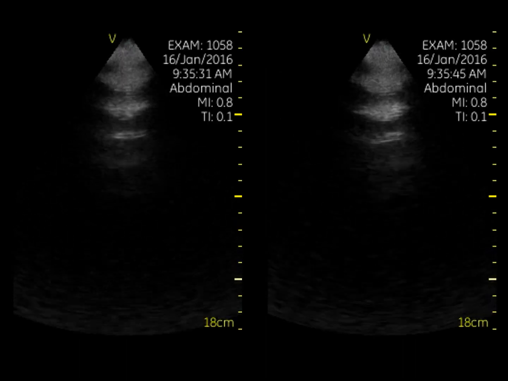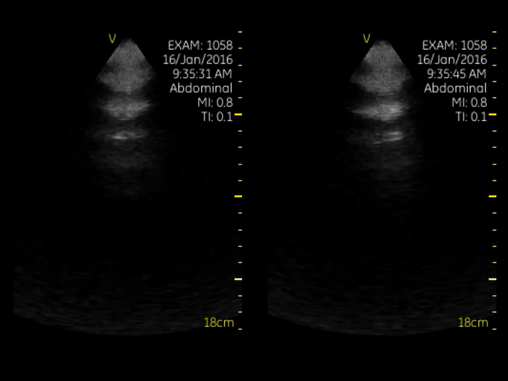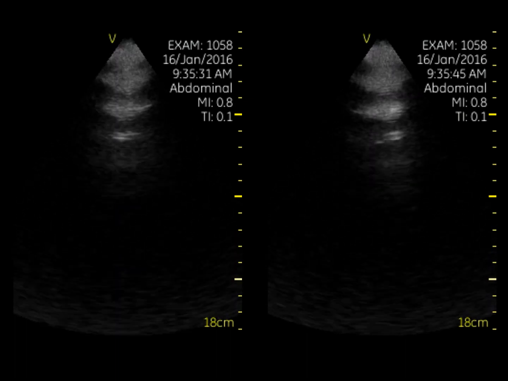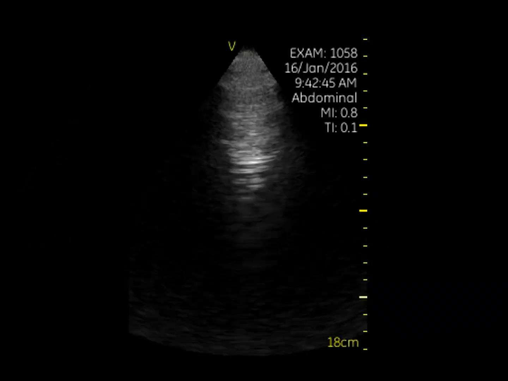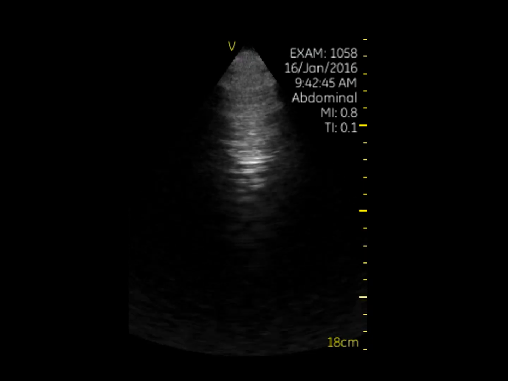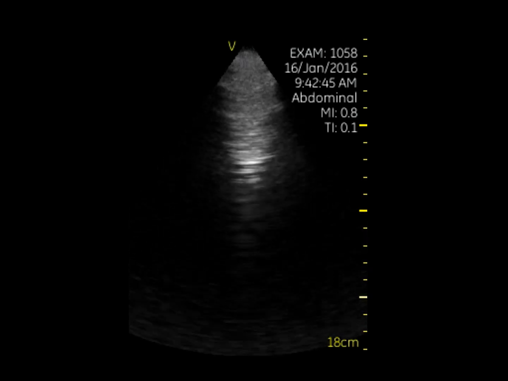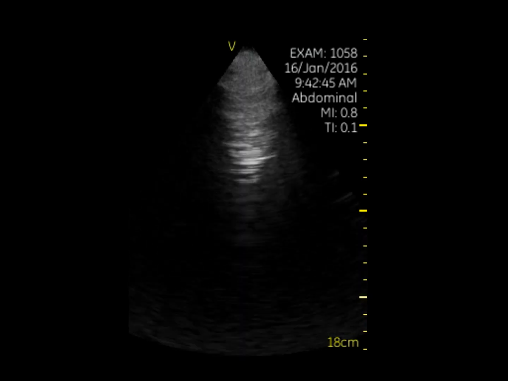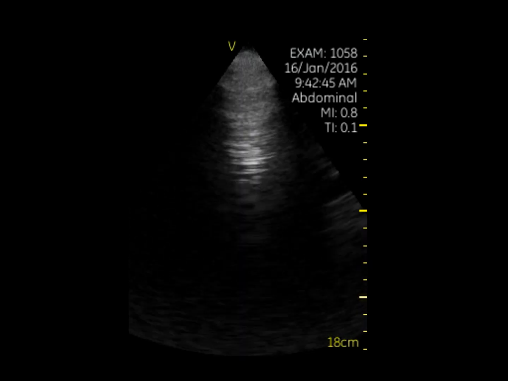With the phased array probe, you find a predominant A-line pattern bilaterally. There is no evidence at the PLAPS point for consolidation or pleural effusion, and you are more confident in your diagnosis of an acute exacerbation of COPD.